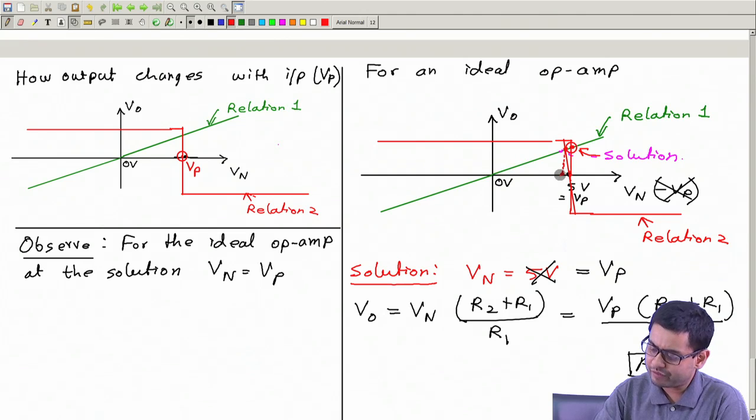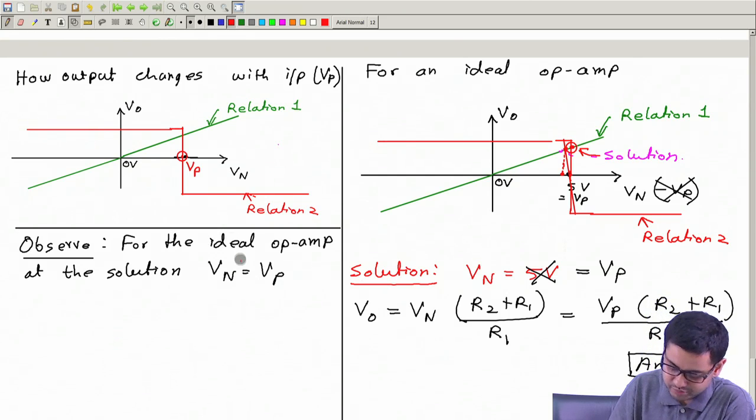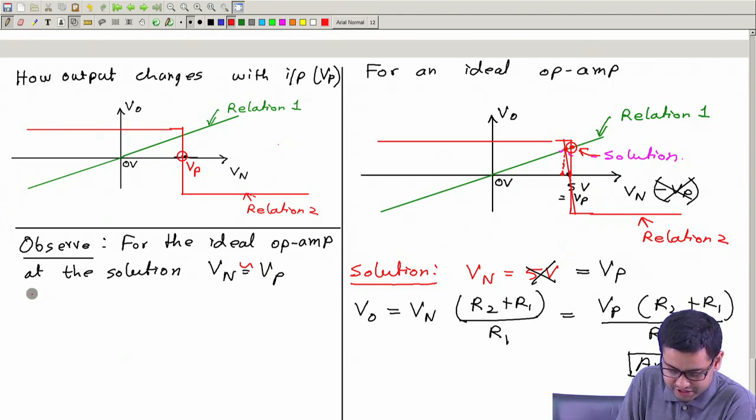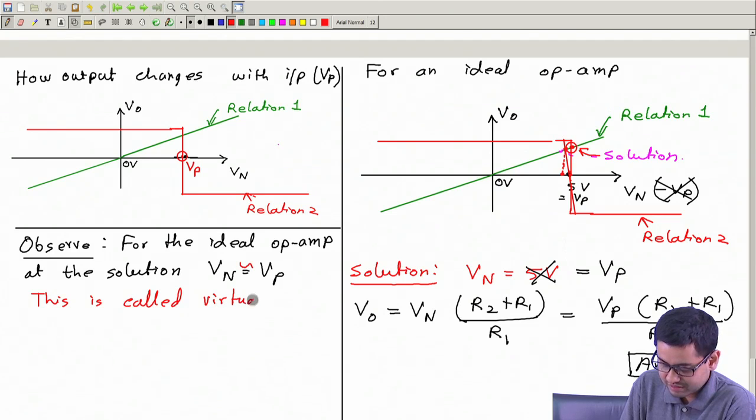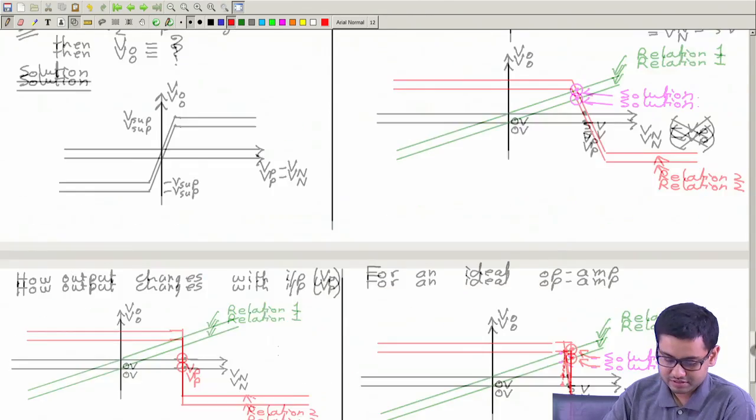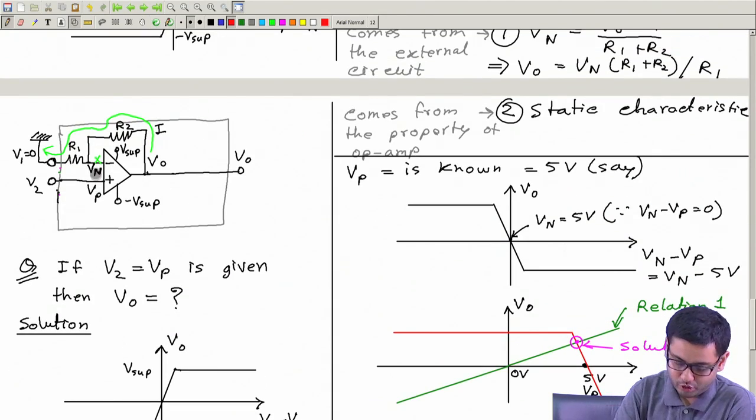Therefore for a good op amp, Vp is equal to Vn, or they are very close to each other. So this is called virtual shorting. This is not actual shorting because there is no connection between these two points.